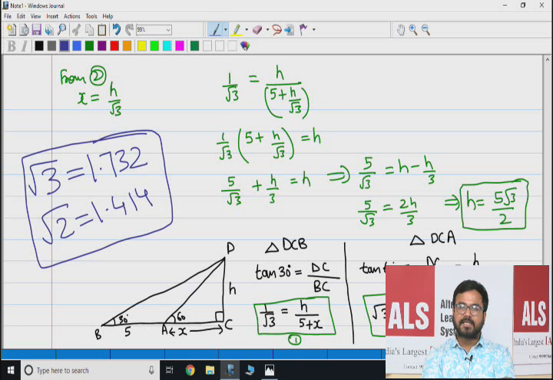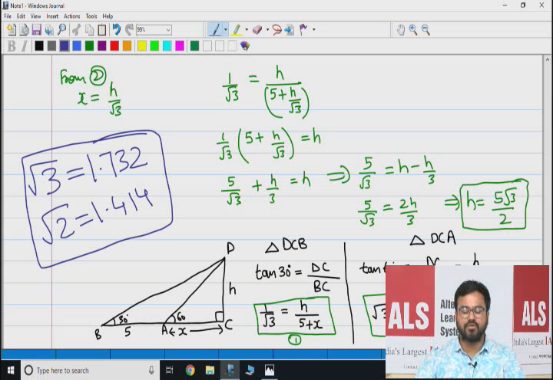The second type has two right triangles, where we consider both triangles, make two different equations, and using the substitution method, solve those two equations to figure out the unknown value. So in the entire exercise on heights and distances, these two types of question will be there: single triangle or double triangle.